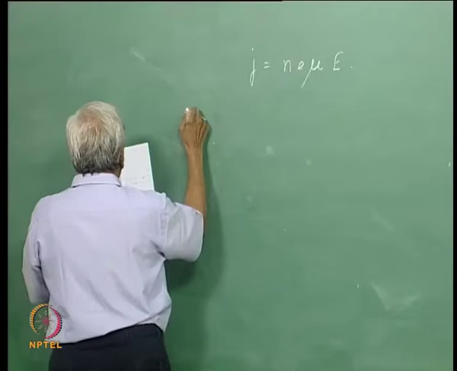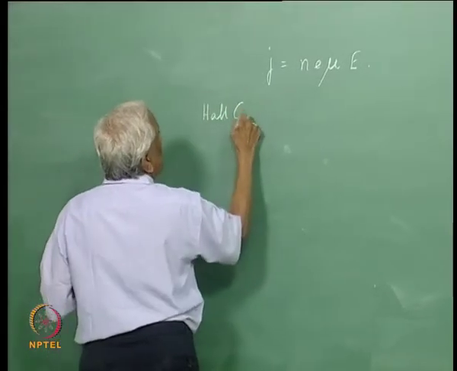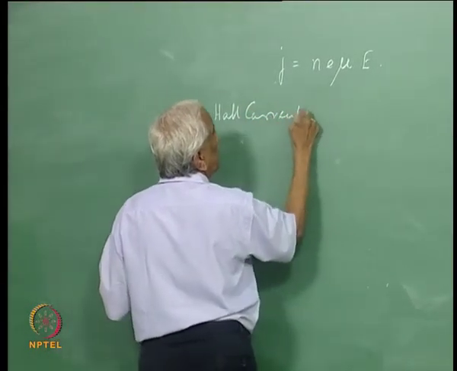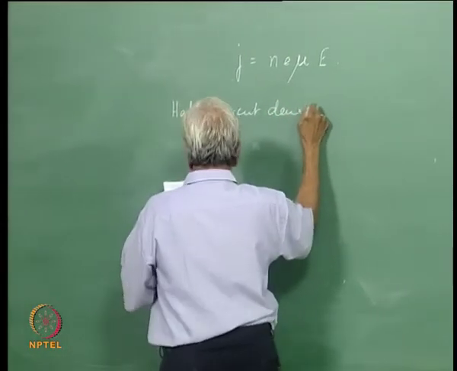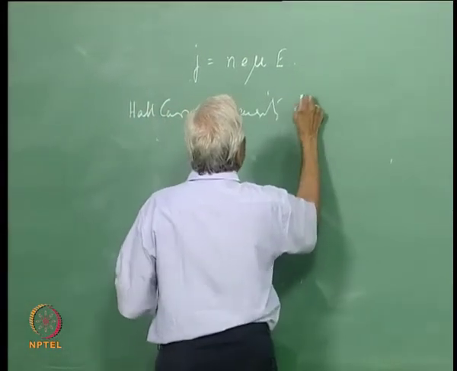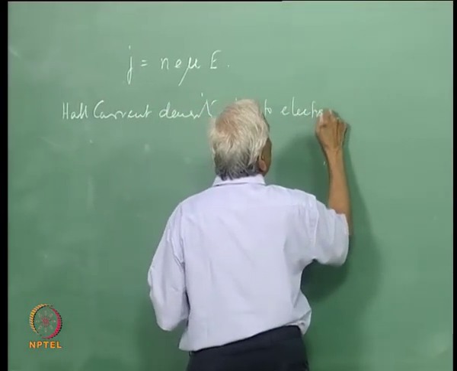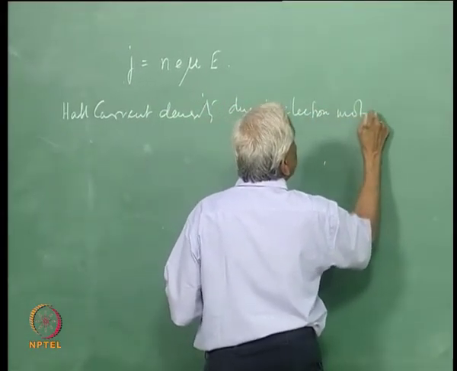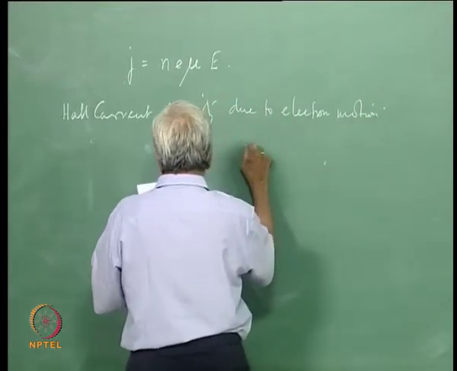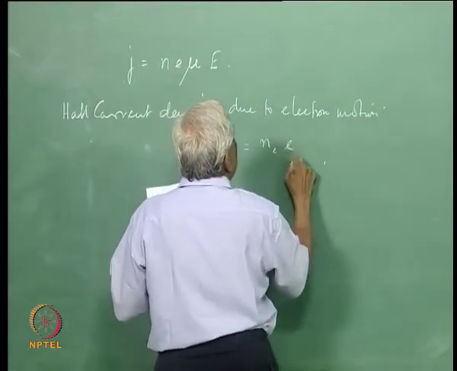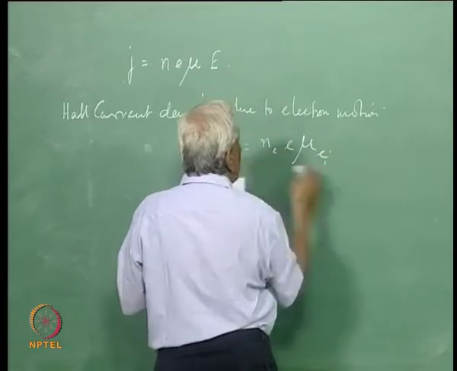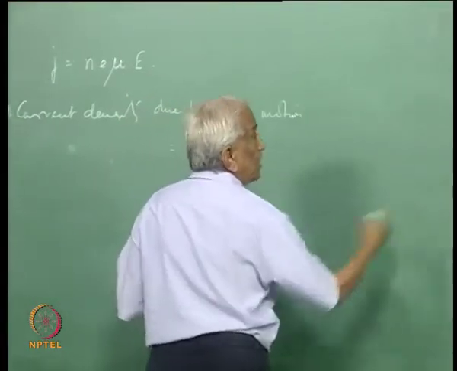Therefore, the Hall current density due to electron motion will be N_e e μ_e times that electric field.